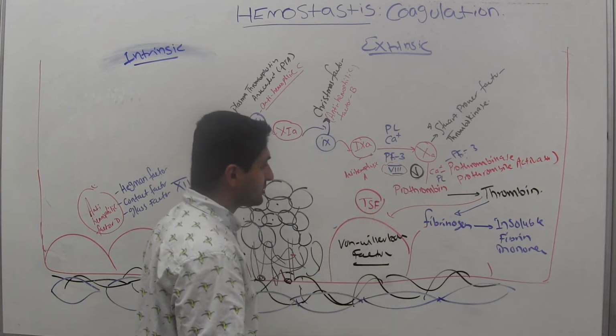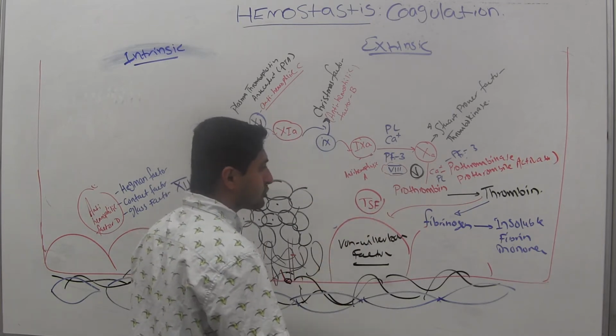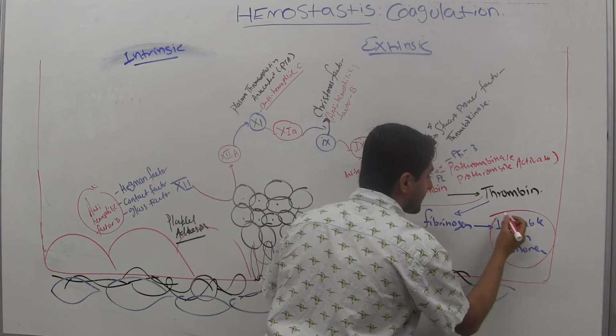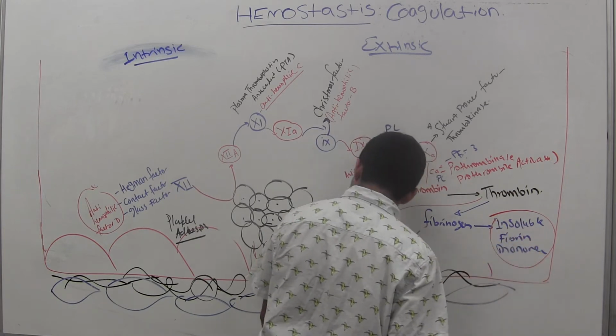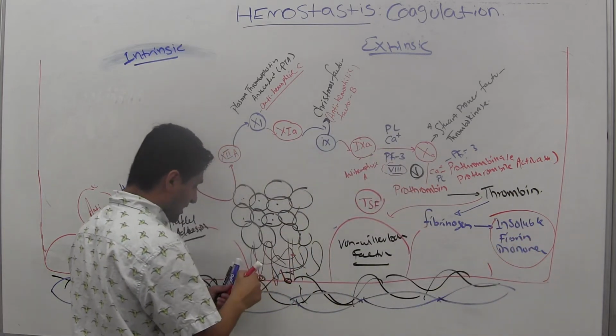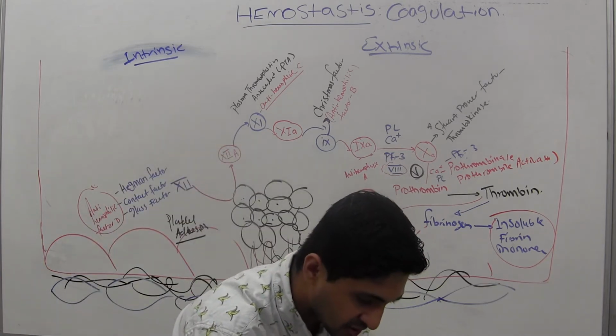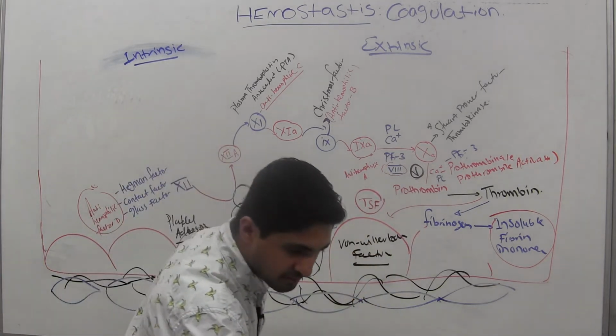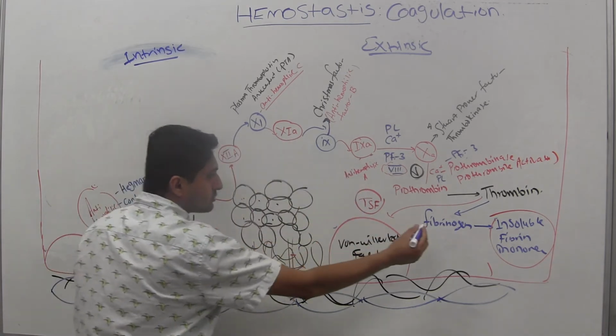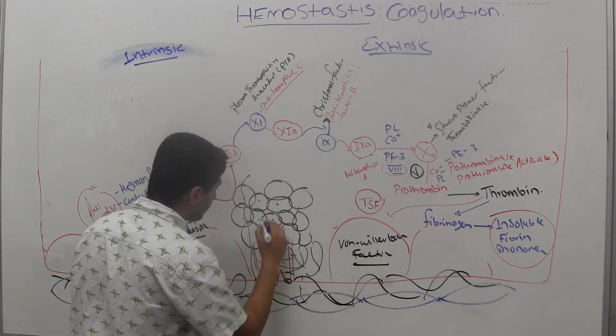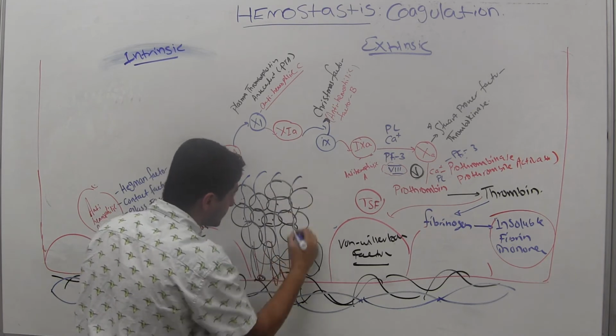This is very important, guys, because whenever these insoluble fibrin monomers are formed, they start laying down the fibrin like threads, like a structure like this, all right?